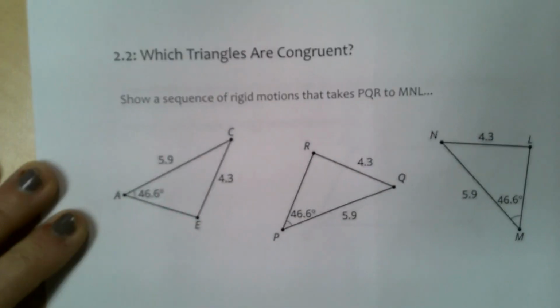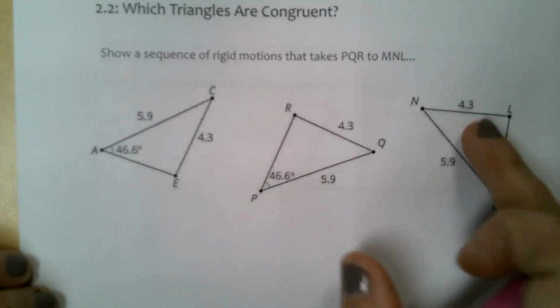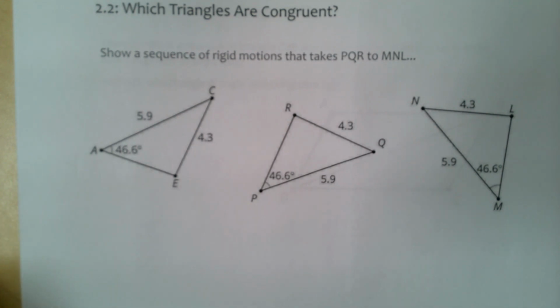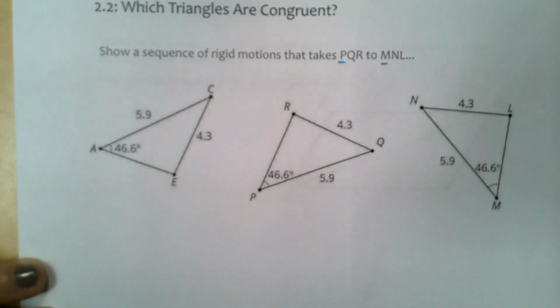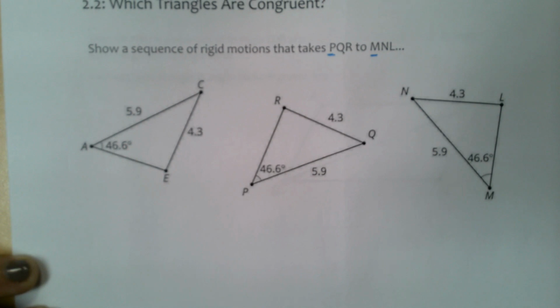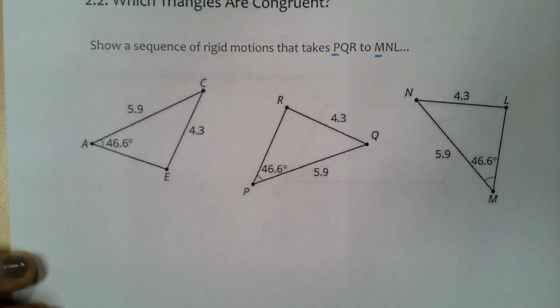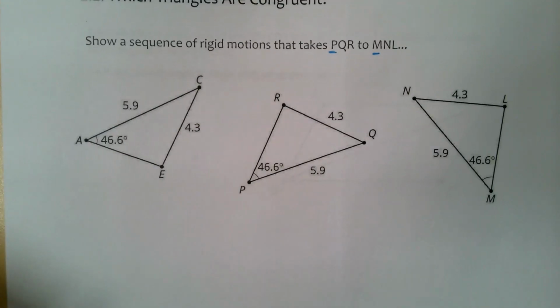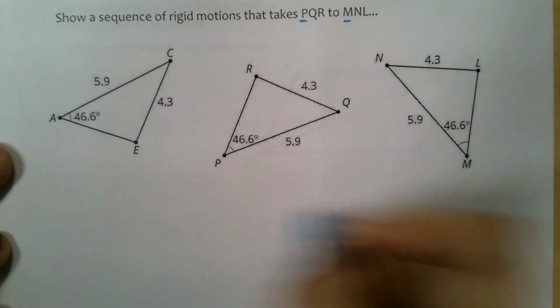Next one. We are going to show a sequence of rigid motions that takes PQR to MNL. Okay. So what we can do, if you remember, we can do actually a lot of different things like this, okay? But I know that P has to line up with M. So if you remember when we were talking about sequences of rigid motions, we always wanted to start with translate, then we wanted to rotate, and then we wanted to reflect if possible, okay? And so that's exactly what I'm going to do.